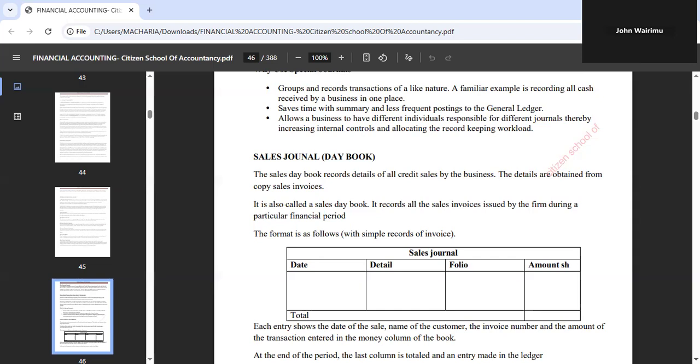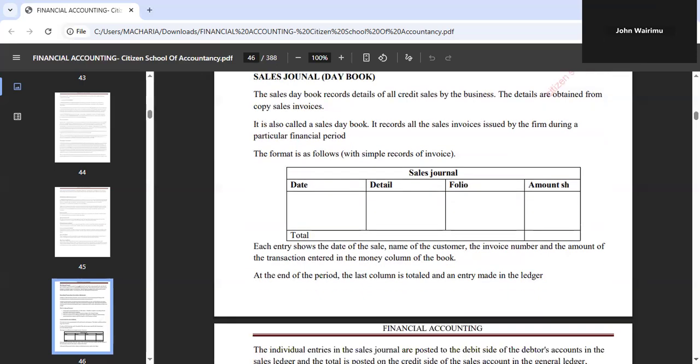Folio is a reference you put so that you can know where you are posting in the ledger. Like if you have a sales account, you are going to give that folio as a reference that I'm recording this transaction in a sales journal, but there is another account which refers to the same transaction, so that anyone following up will be able to know that this transaction is emanating from the sales journal.